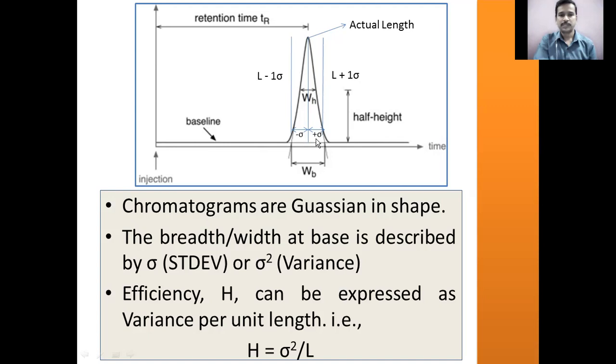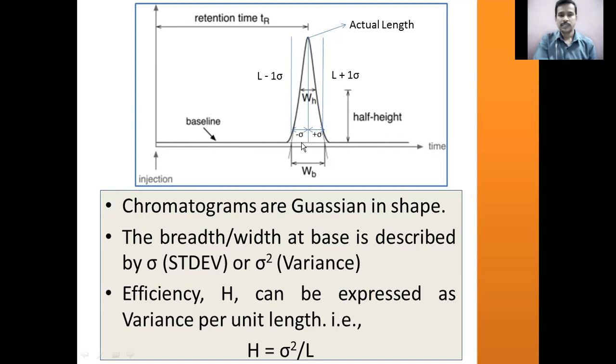And if this plus sigma and minus sigma have the same distance, then you can say this is a symmetric chromatographic peak. If minus sigma and plus sigma have different values, then we cannot say it is a symmetric peak, it will be an unsymmetric peak.